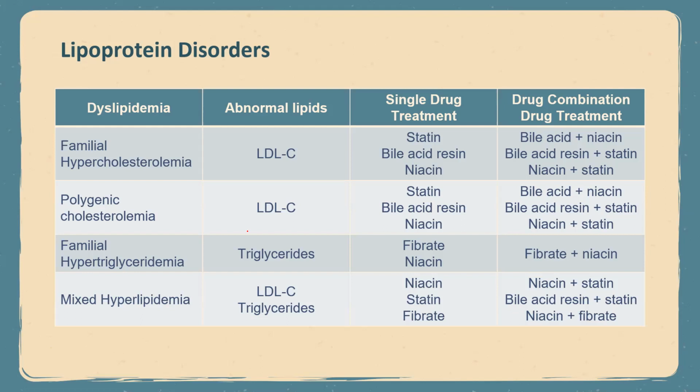Since these are treatable with diet, and aside from that, drug therapy, there are single drug treatments and combination drug treatments. Remember that drug therapy for hyperlipidemia can include the use of statins, niacin, and bile acid resins.